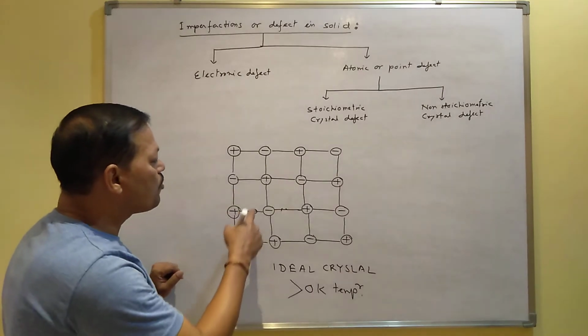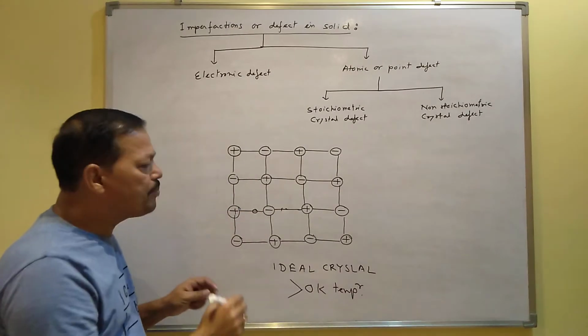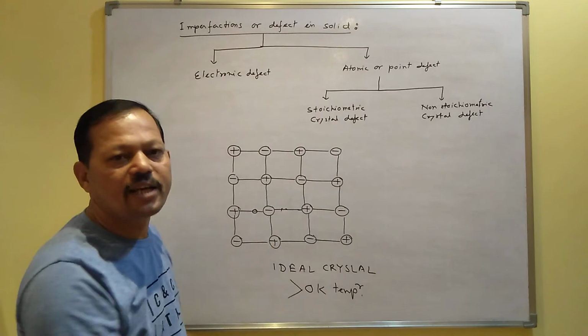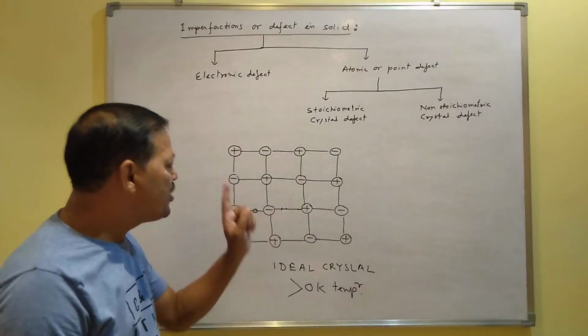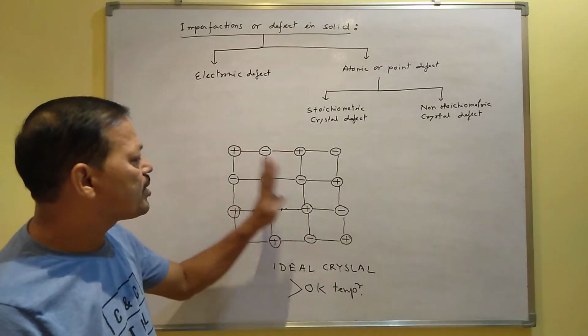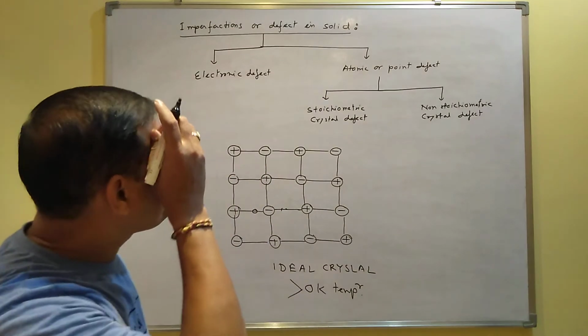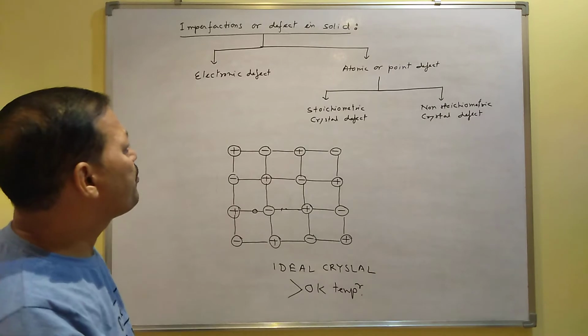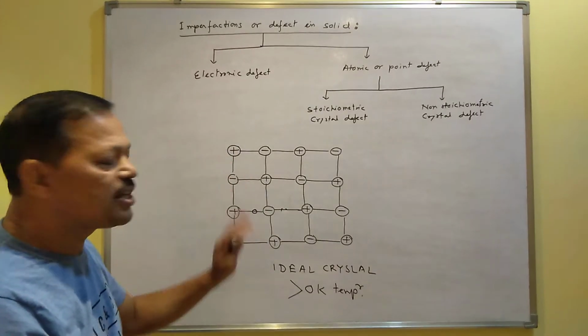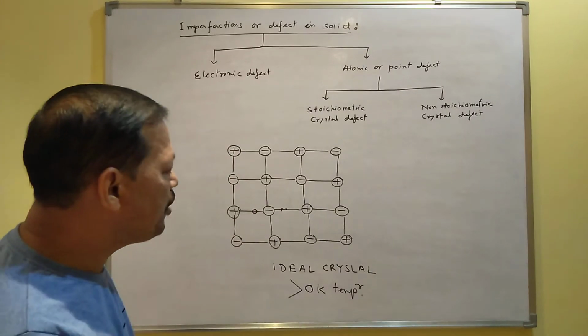Again some electron from another bond can come to this position. I mean, the electrons are moving inside the crystal due to this defect. And due to this movement of electrons, the crystal becomes a good conductor of electricity. So this is also one type of defect, called an electronic defect, because the defect arises due to electrons.